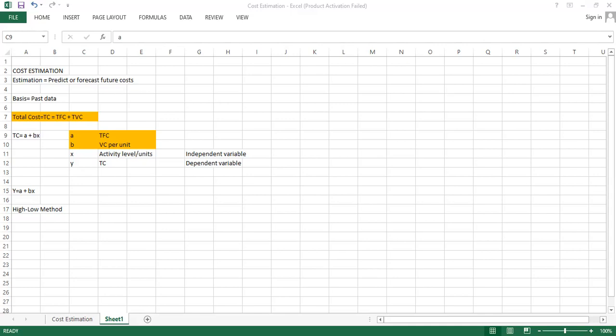We shall use that to illustrate the two methods of cost estimation.